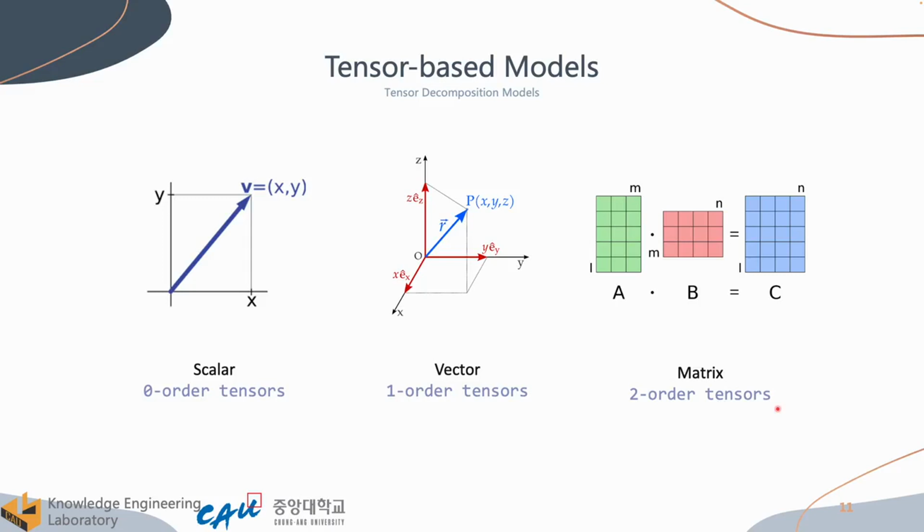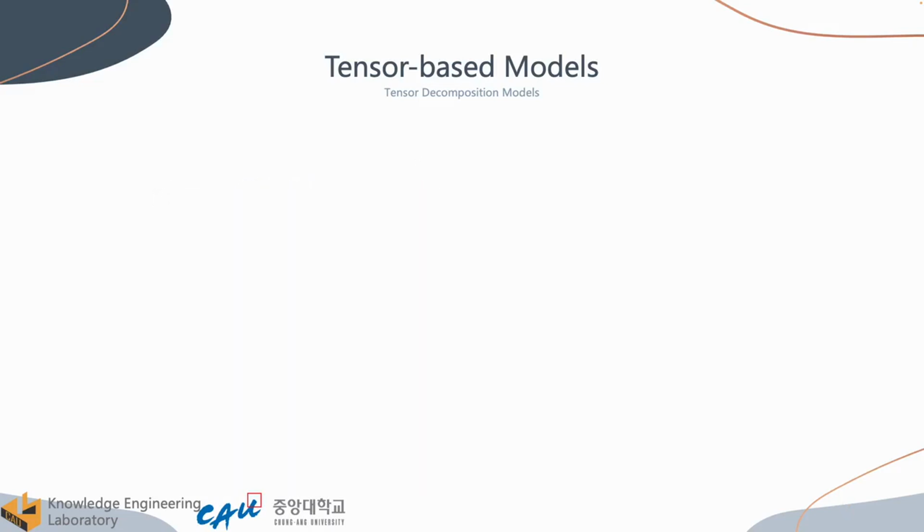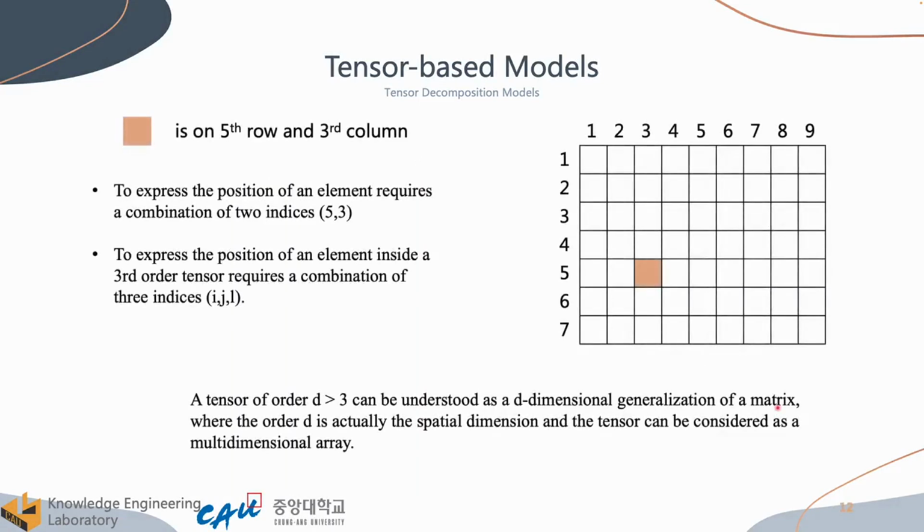Tensors have become a widely used abstraction for machine learning. Suppose in a matrix I want to represent the color of the element on the fifth row and third column.